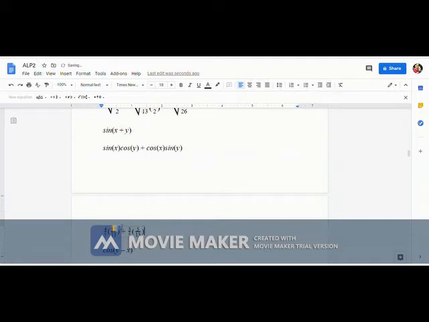Alright, and then we can just multiply these and add them together, and that'll give us sine x plus y.